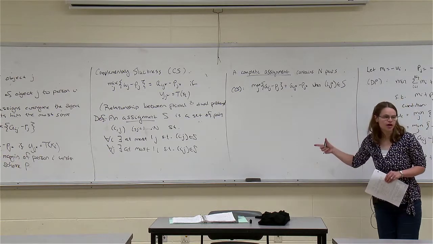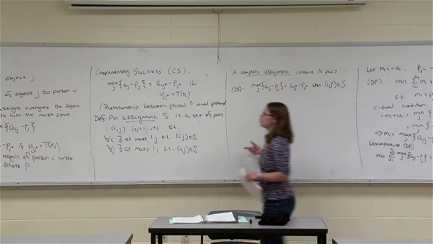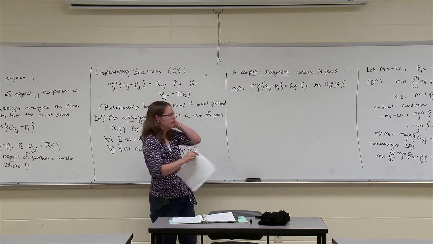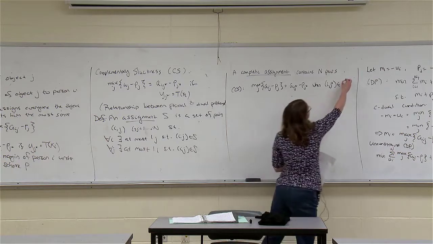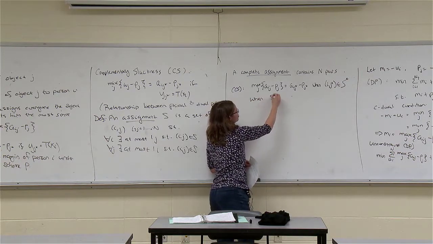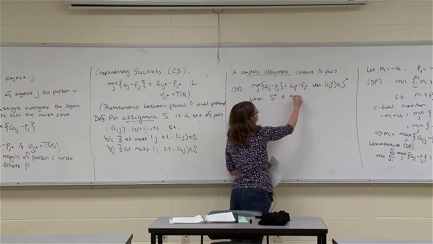We know it'll be true for the optimal assignment because we have this duality. So it might not be true for every assignment, but it is certainly true when S* is the optimal assignment.